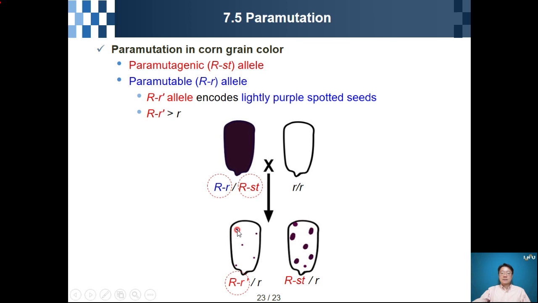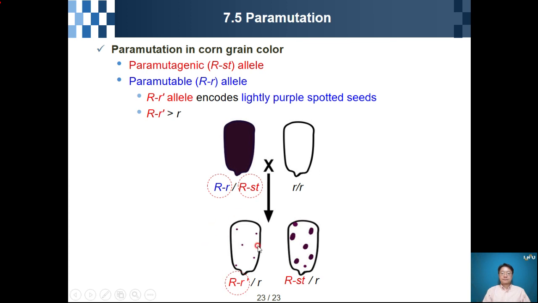So this is the lightly purple pigmented spotted seed, like this. And large R small r prime is dominant over small r. That's why they have this phenotype.